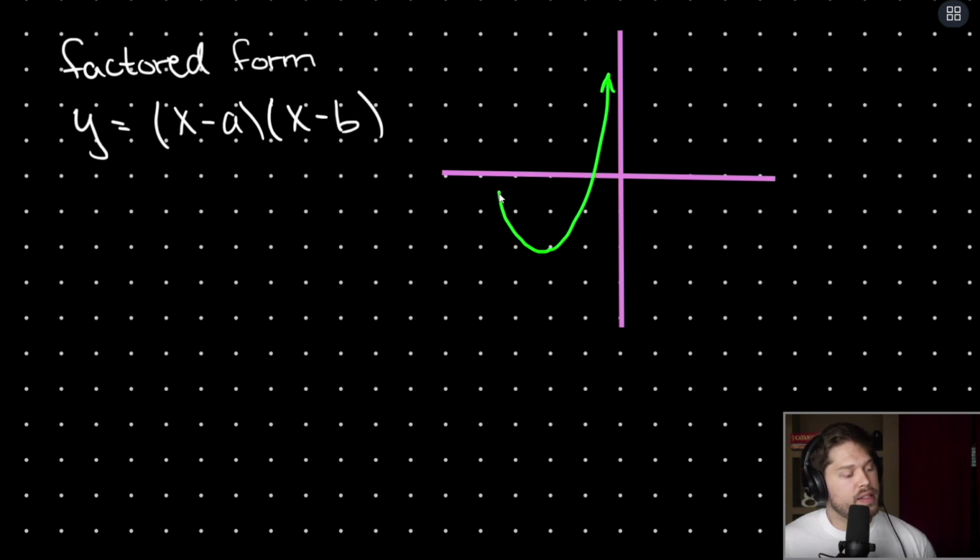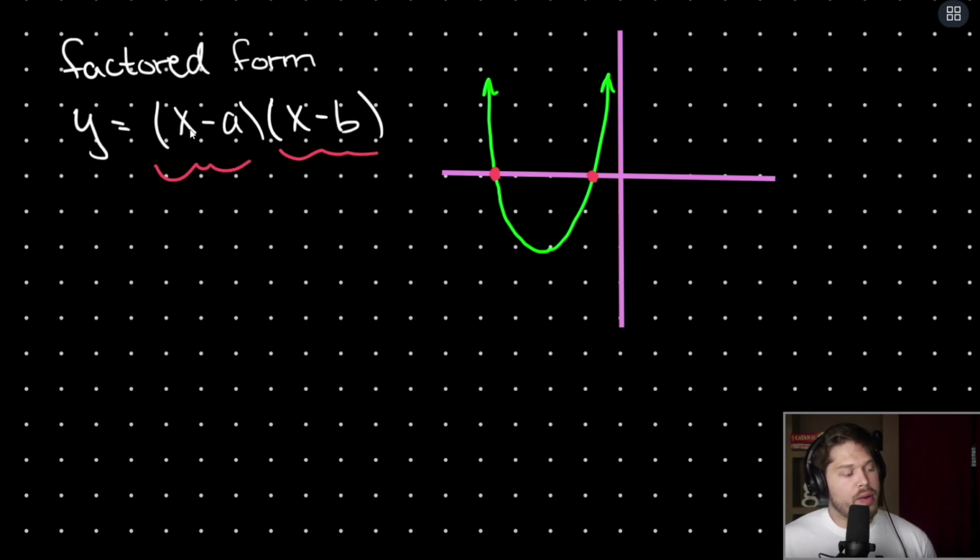In that the points where your parabola crosses your x-axis, these are your x-intercepts, also called your zeros. And your zeros are whenever your output, your y value, is 0. And that's super easy to find whenever your equation is in the factored form.